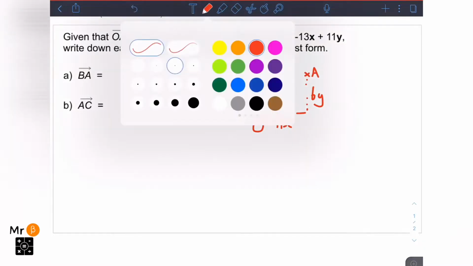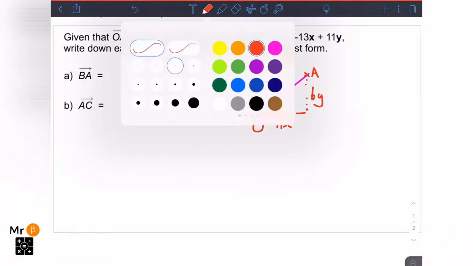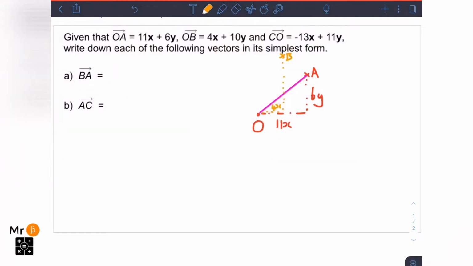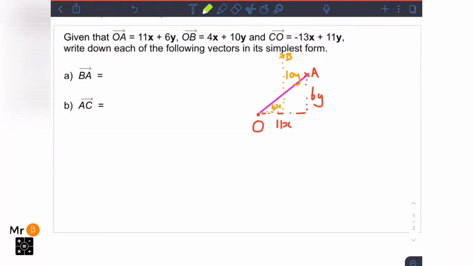That is my vector A. Then we're going to go OB, so we're going to go across only by 4x this time. So across 4x. And we've gone up 10y. So then my vector OB will be this straight line here.